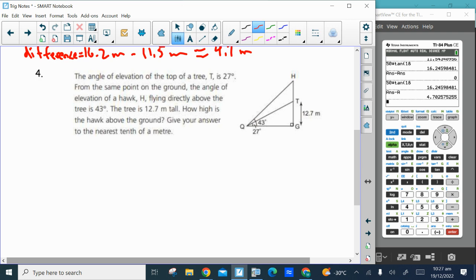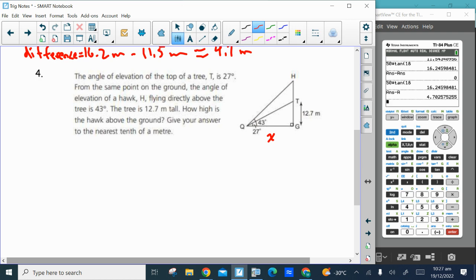So to do that, we're going to have to use the large triangle QHG. But the only thing we know about that large triangle is that this angle here is 43 degrees. Yes, it's true, the angle at G is 90, but we can't use that in our calculation. What we're going to do is, using the smaller triangle, find the length of QG, which I'll label X. That is the base of both triangles.